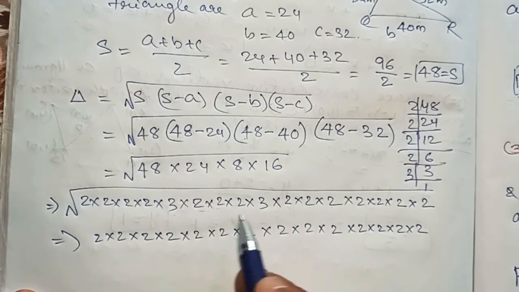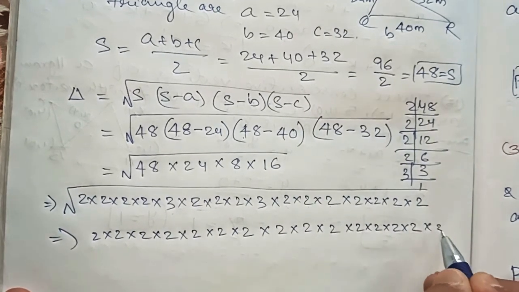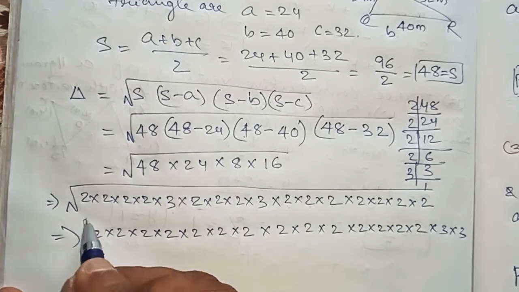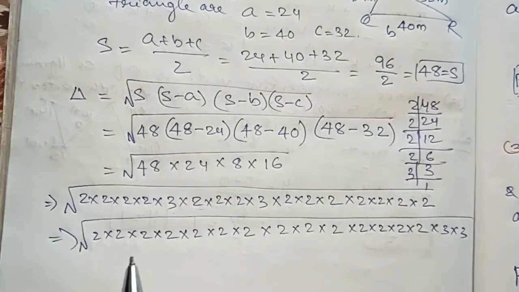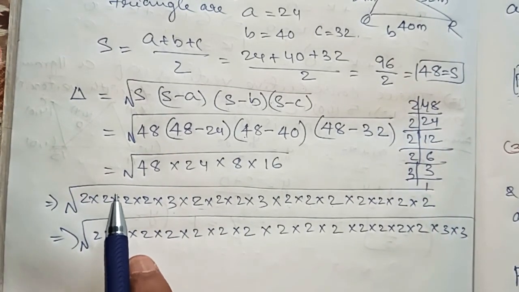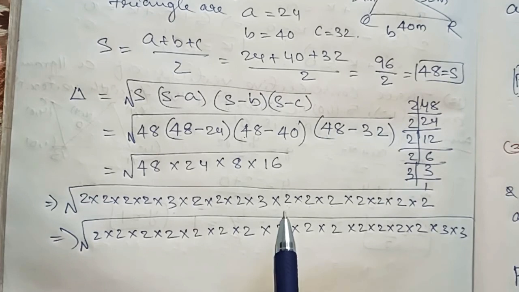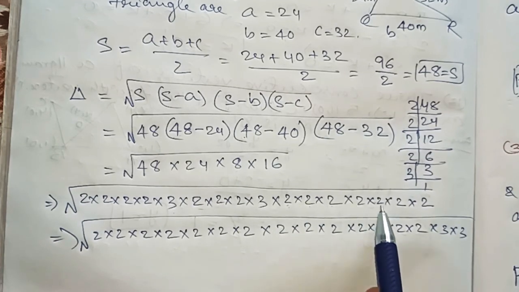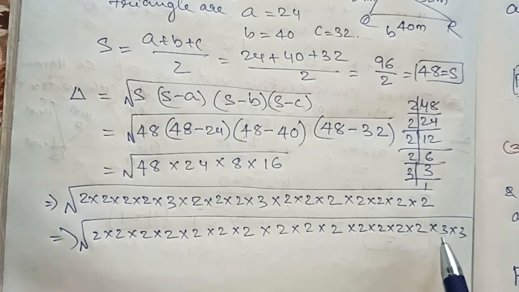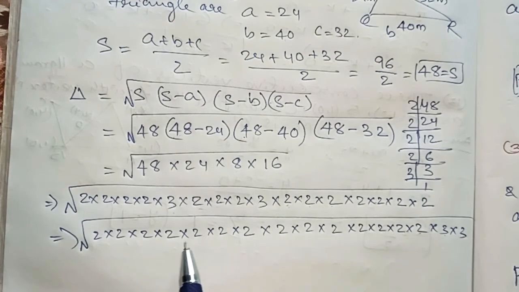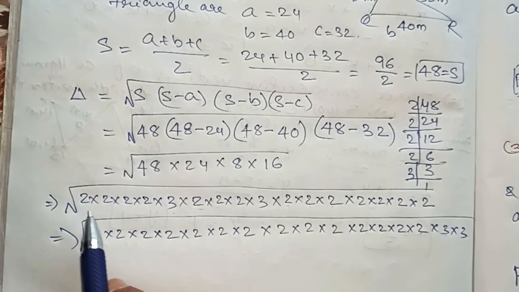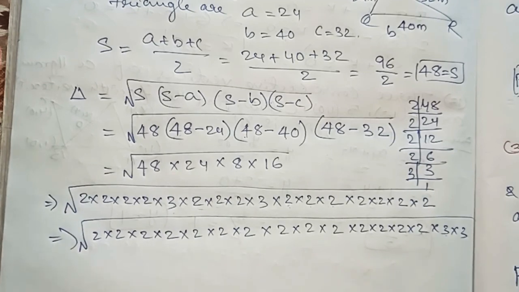Now how many 3s are there? Two 3s. Just arrange and count how many numbers you wrote, to check whether all the numbers are correctly written. 1 2 3 up to 16. So all 16 numbers we wrote properly.